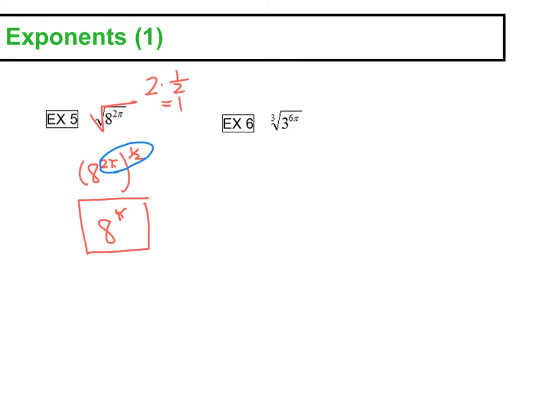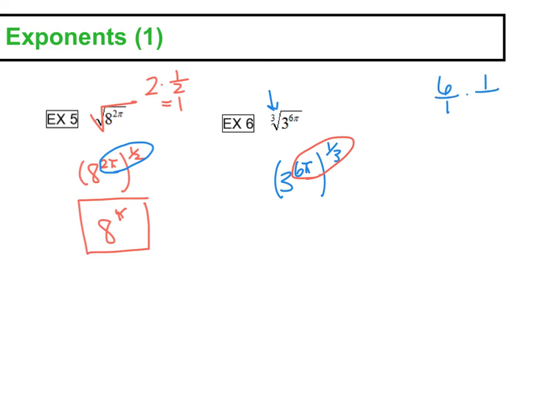All right, this last one we can do the same idea. You have your 3 raised to the 6 pi power. This is a cube root. That's the same thing as raising something to the 1/3 power. We can go ahead and multiply our exponents. So we'll multiply the 6 and the 1/3.